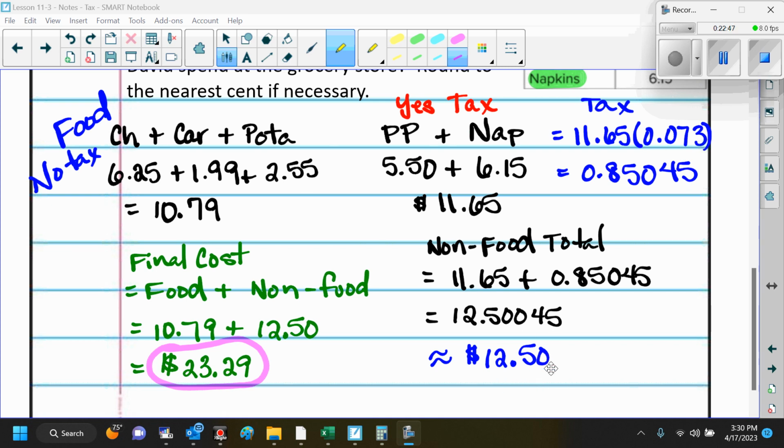So this is the total for the non-food items. This is the total for the food items. Now, to get the total cost, the final cost, we're going to add the food items plus the non-food items, and that gives us $23.29. Make sure you have that in your notes.